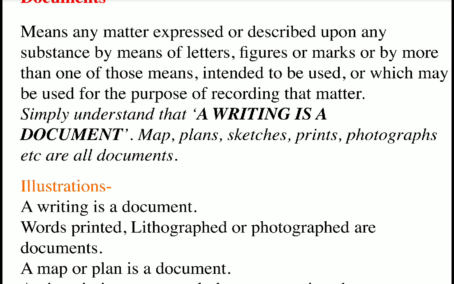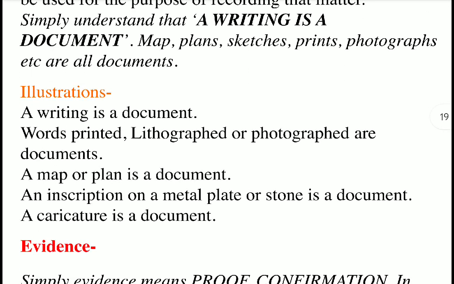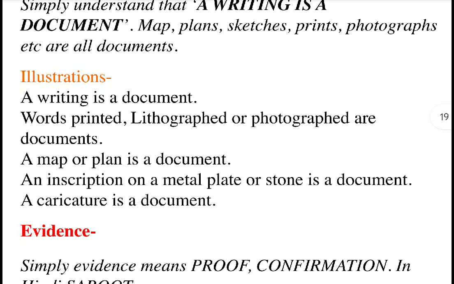are also documents. Now the Evidence Act gives some illustrations, that is, a writing is a document, words printed, lithographed, photographed are documents, a map or plan is a document, and an inscription on a metal plate is also a document. An inscription on a stone is also a document. A caricature is also a document.